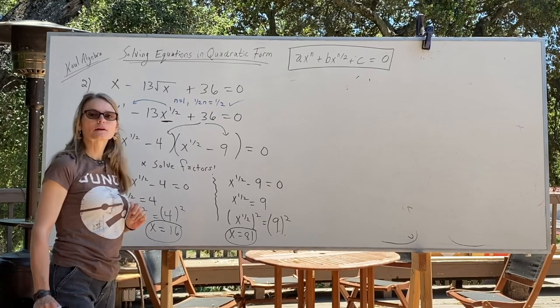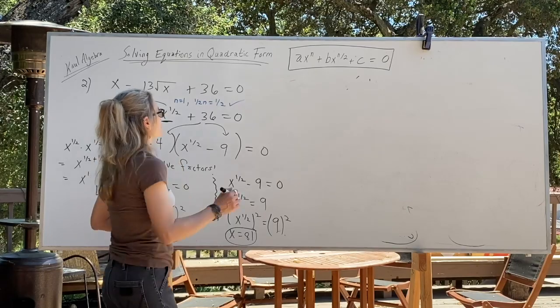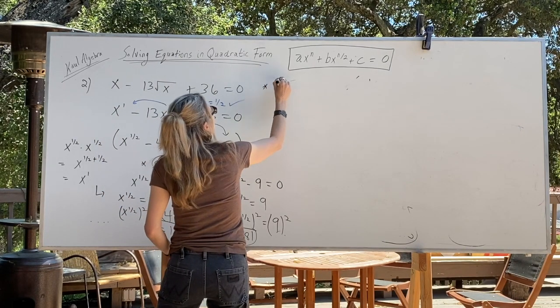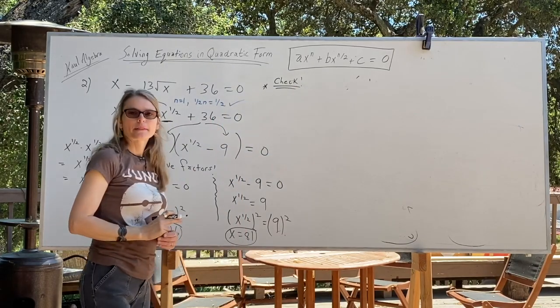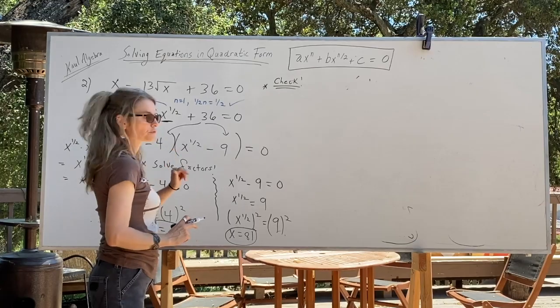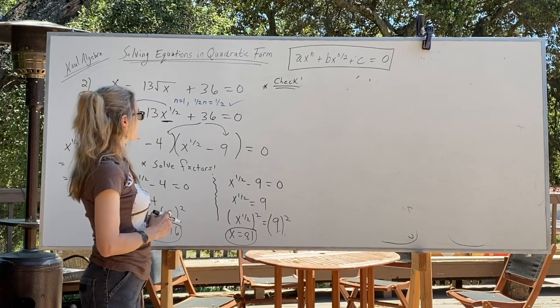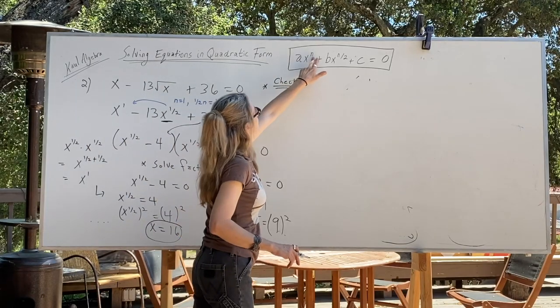And the only thing that you want to remember to do when they're in quadratic form is to check. Check when they're square roots, check when the original problems have fractions in them. That's where it gets tricky. If you do your work correctly, you don't have to check when these values are natural numbers.